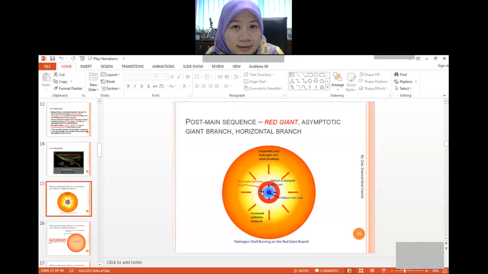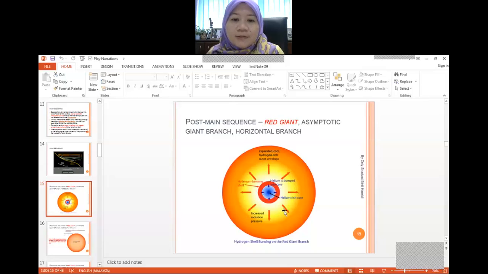And where does the hydrogen go? It will go to the surface or the outer envelope. So the hydrogen is still there, but it is not inside the core anymore. It is actually inside the envelope. You can see the part of the envelope here, which is reached by the hydrogen.